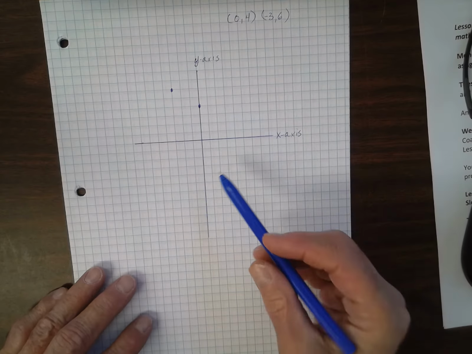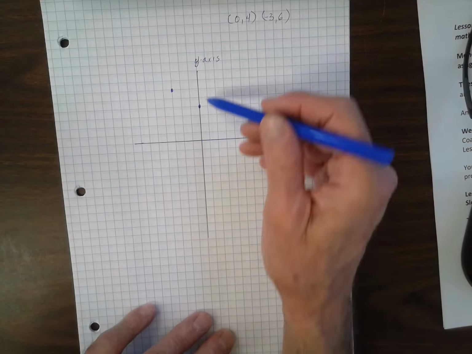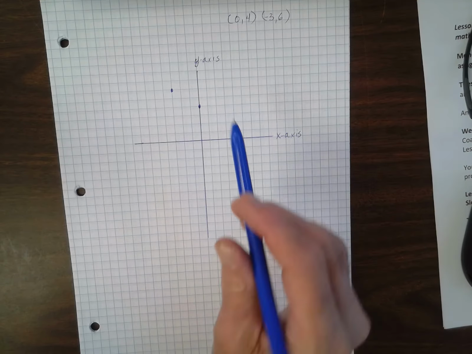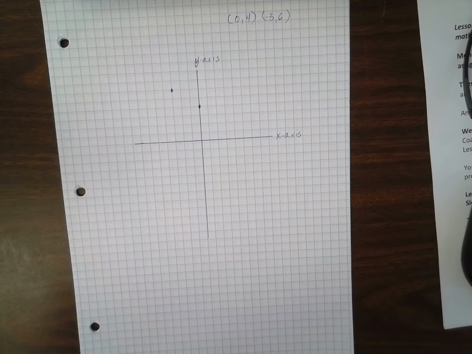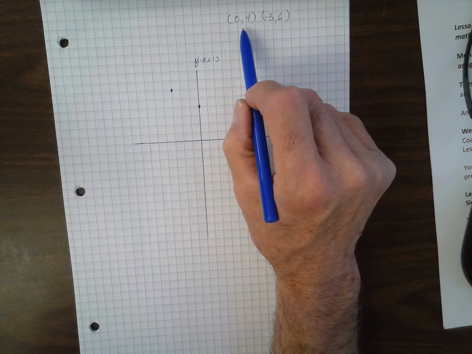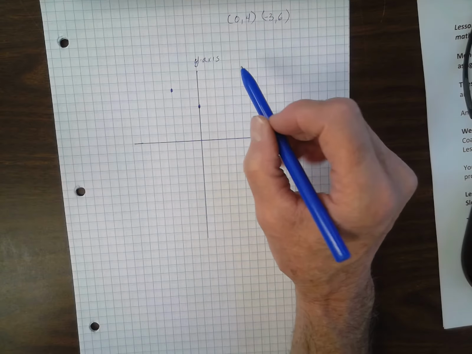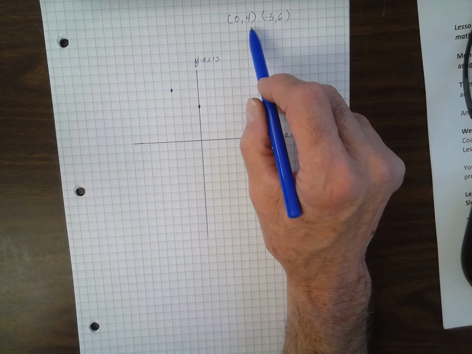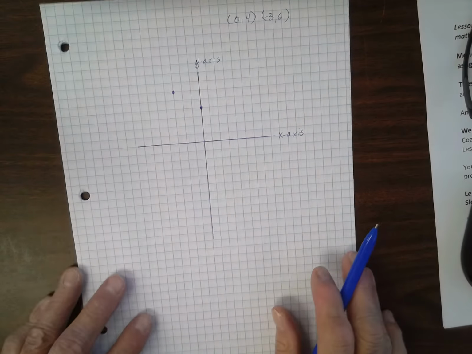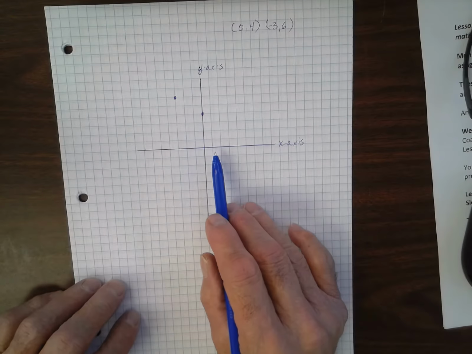Now, I've drawn a coordinate plane here, a y-axis and an x-axis. I also wrote up two ordered pairs: 0 and 4, negative 3 and 6. So I graphed these as well.